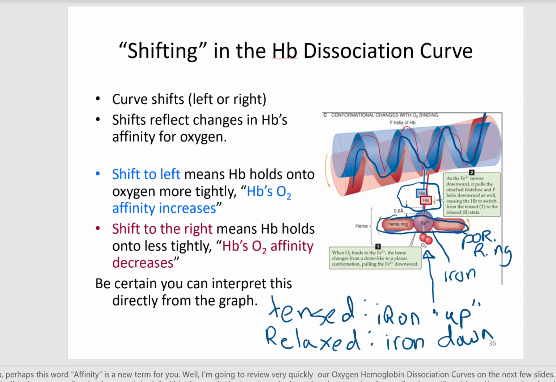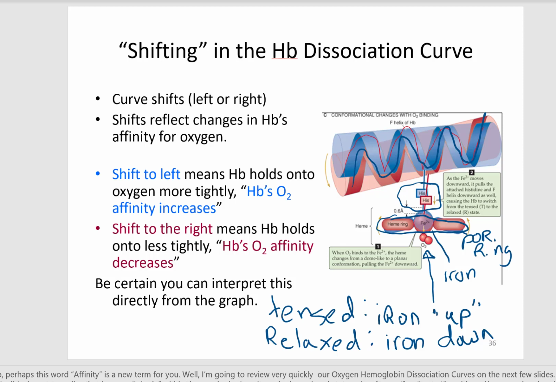Relaxed state means iron can bind oxygen. When oxygen binds to the iron, the heme changes from a dome-like to more of a planar conformation, meaning pulling the iron downward. Relaxed, downward, conformation state changes. Iron can now bind to oxygen.